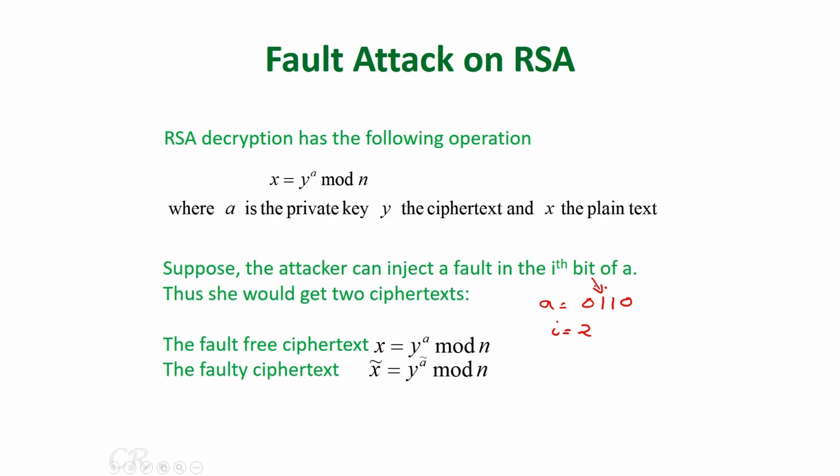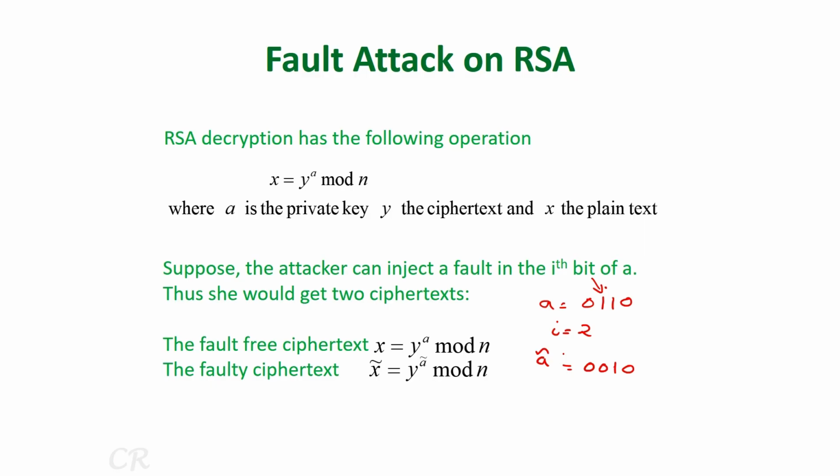For example, he would focus his laser beam on this bit and change this bit from a value of 1 to a faulty value of 0. So, this is the faulty value of A. Note that the attacker does not know the value of A, because A is embedded into the device, but rather he has somehow figured out how to inject a fault that could potentially change this bit.